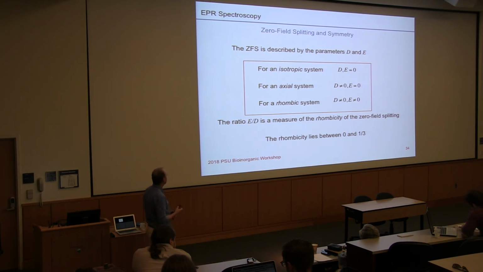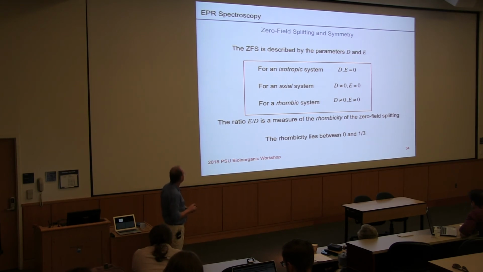And it's characterized by two parameters, which are labeled D and E. Basically, this interaction follows a tensor, very much like what I explained for the g tensor. And so we have similarly a tensor here, but we characterize it in terms of just two values rather than three principal values. It turns out for this interaction you can reduce that down to two values, which are called D and E.